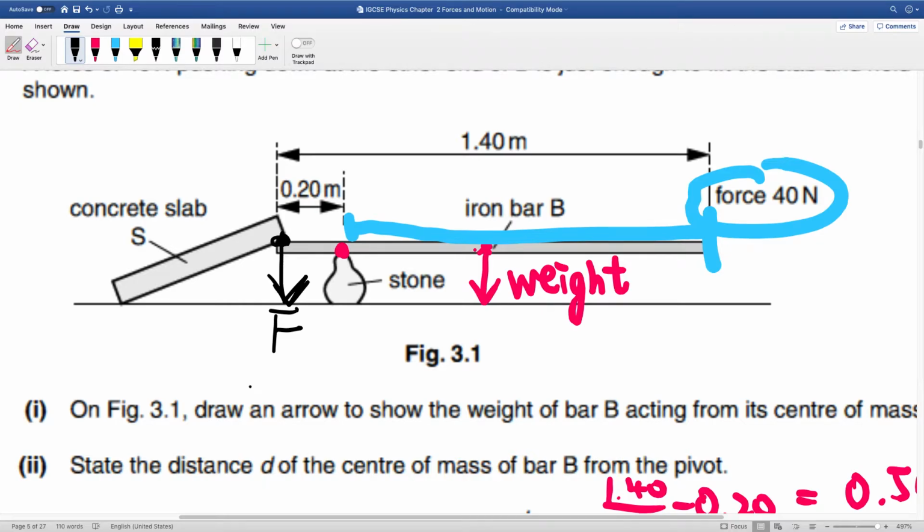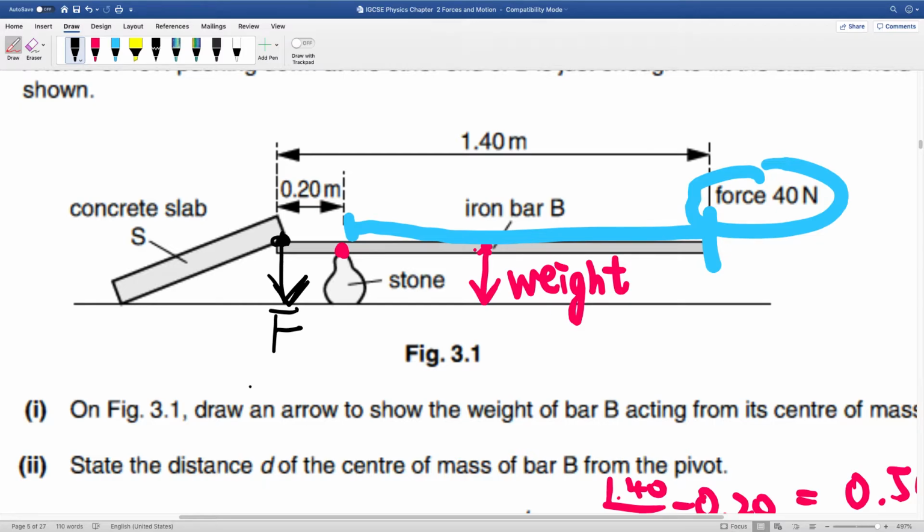That means you need a smaller force. Also, if you move the stone to the right, you increase the perpendicular distance of the force F from the pivot. If you increase the length, then you reduce the force.